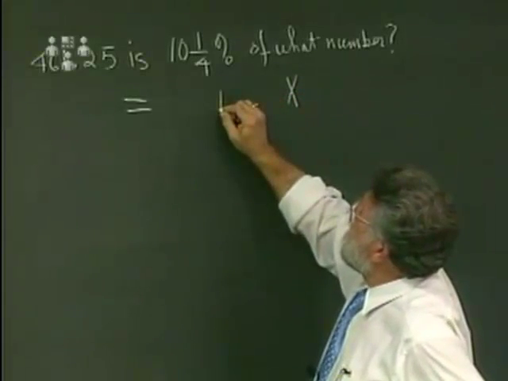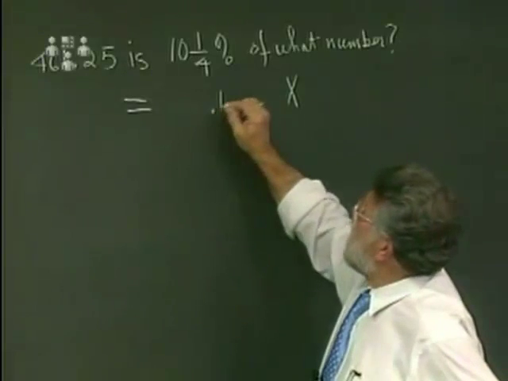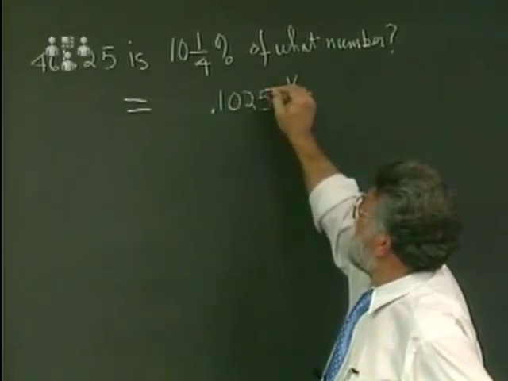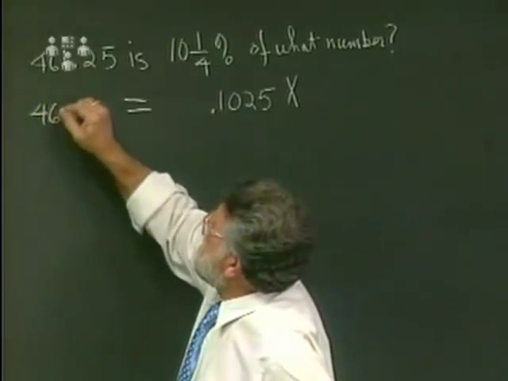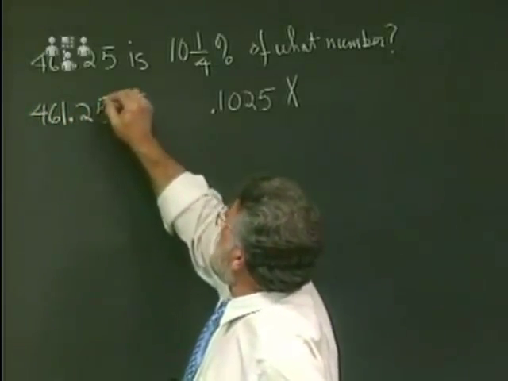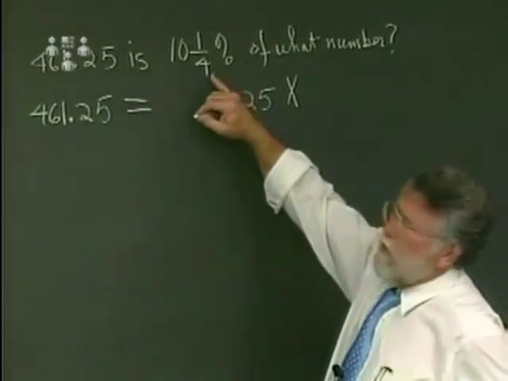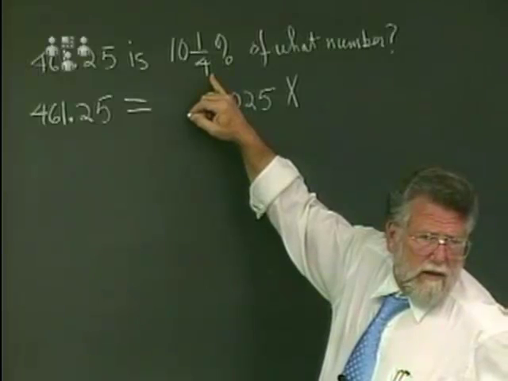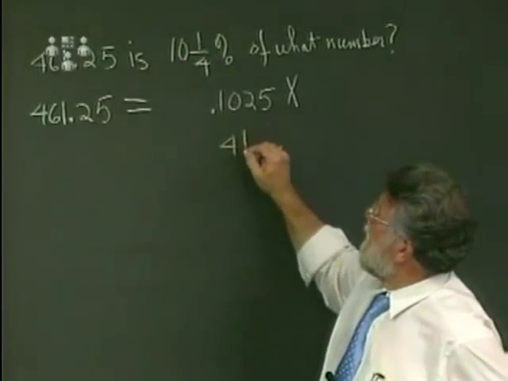And you have 10.25%, which is 0.1025. And now the question is, did I have to do that? Well, no. I could have done it as a fraction and said this is 41/400. 4 times 10 plus 1, so 41/400.